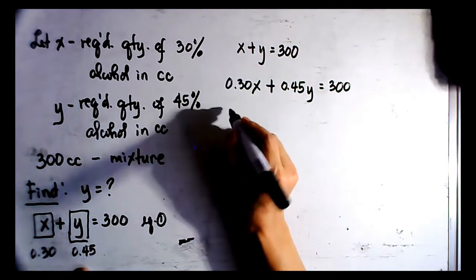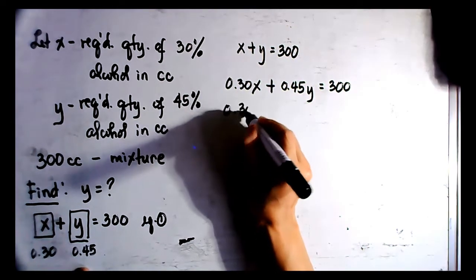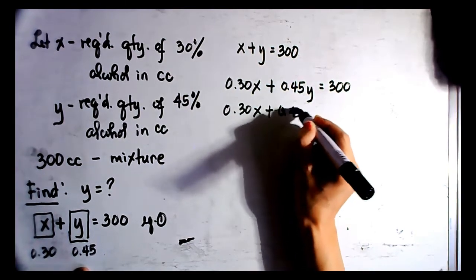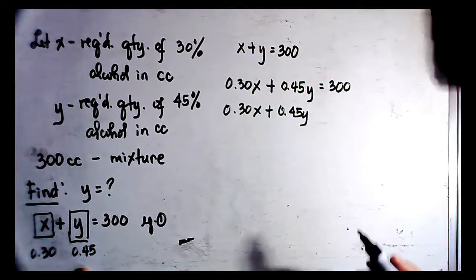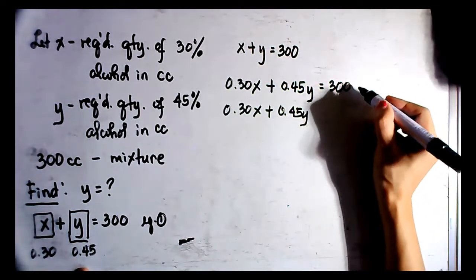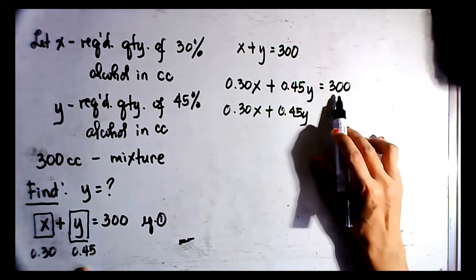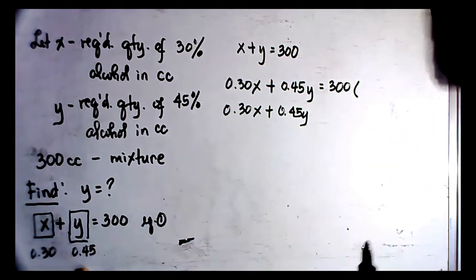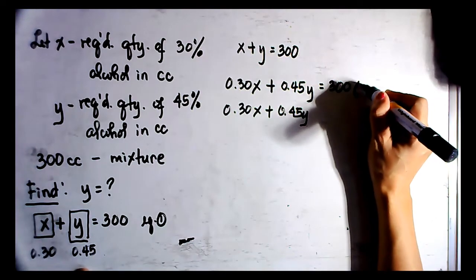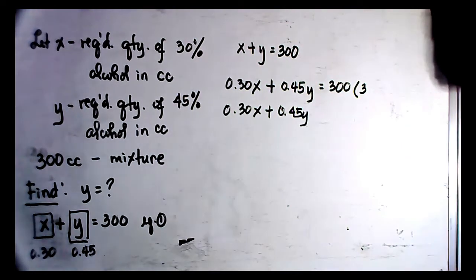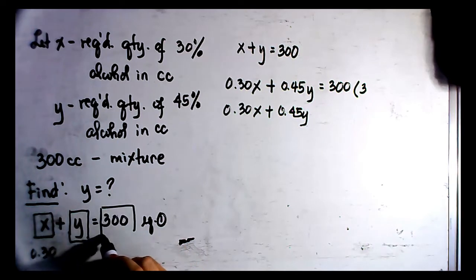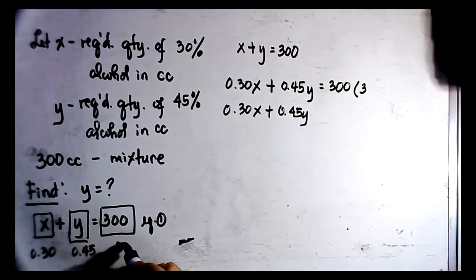So using this equation, 0.3x plus 0.45y, remember that if you are going to use the percentage solution here, you have 39% for the total mixture. It's a 39% solution, so this is 0.39.